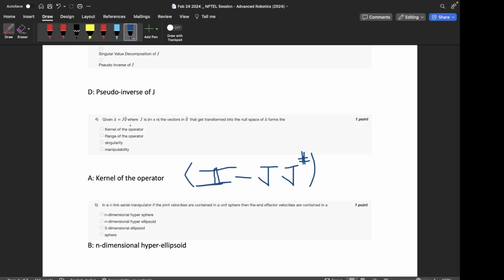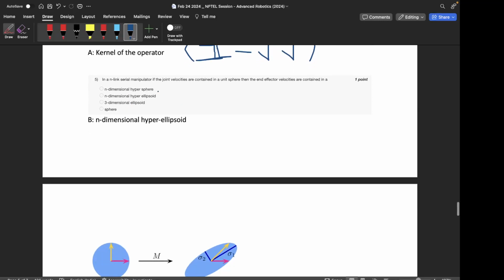So if theta dot space is a circle, then operating on it with J will transform it into an ellipse in general. In the case of n-dimensional space, if the joint velocities are contained in a unit n-dimensional sphere, then the end effector velocities will be in an n-dimensional hyperellipsoid.